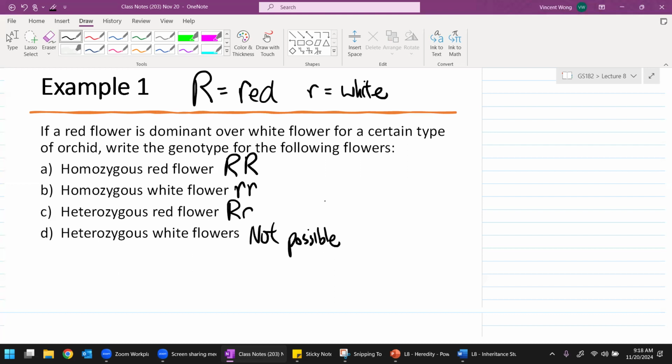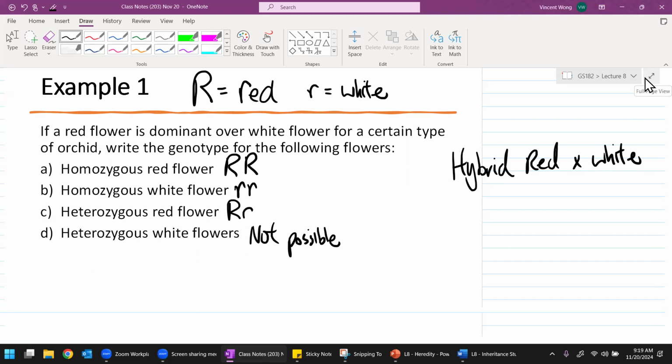Because on a test, if I give you this question and I say a heterozygous red flower is crossed with a white flower, okay? Listen carefully. If I say on the test a heterozygous, I'll just say hybrid, it's easier to spell. Hybrid red crossed with a white flower. You don't have to ask me what kind of white, right?